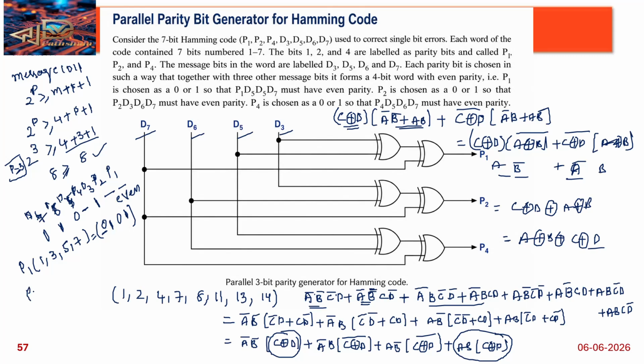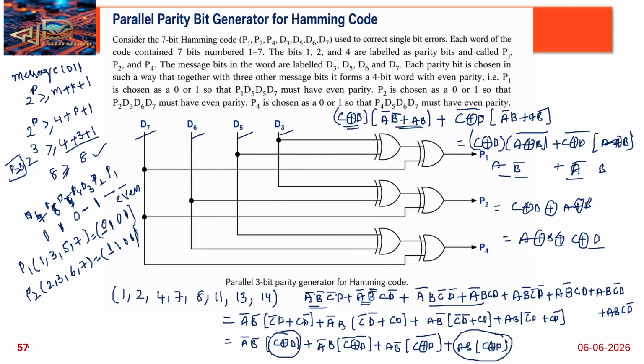And then P2: positions 2, 3, then leave 4, 5, then 6, 7. P2 at position 2, I don't know the value, the third position is 1, the sixth position is 1, the seventh position is 1. Then for even parity I need to add 1 here.